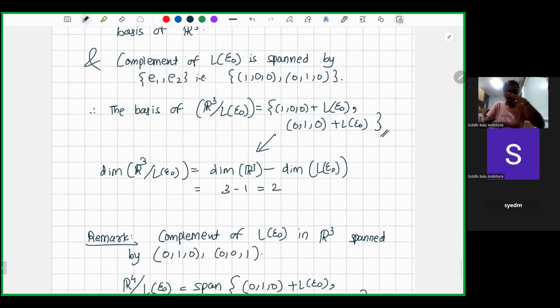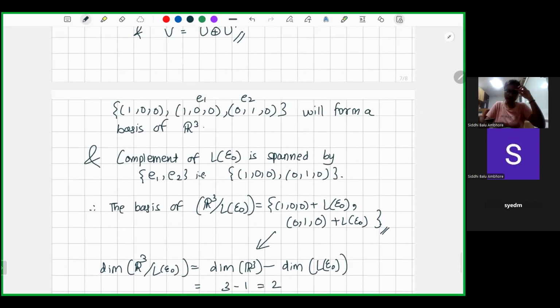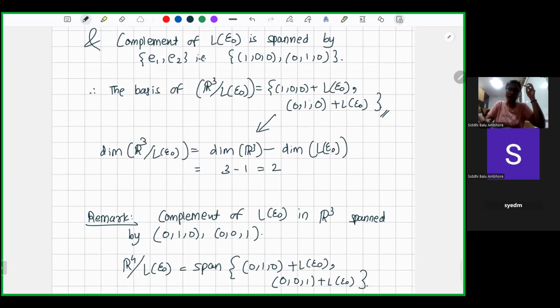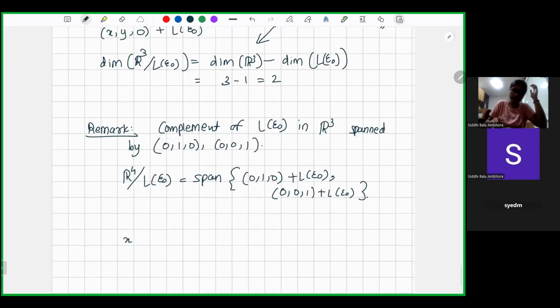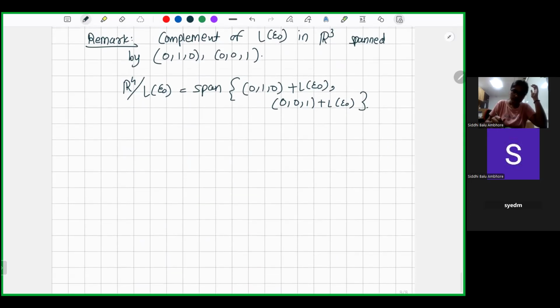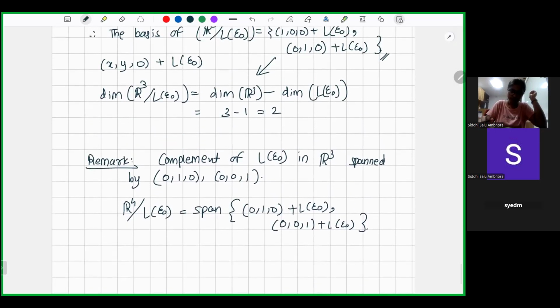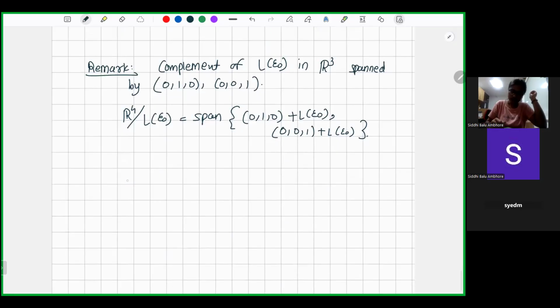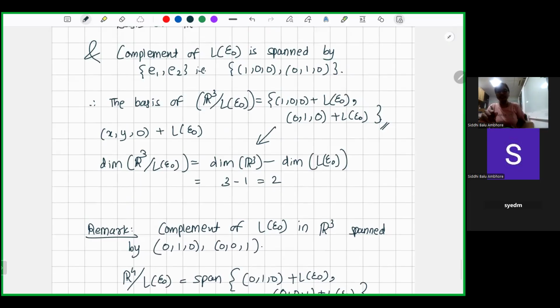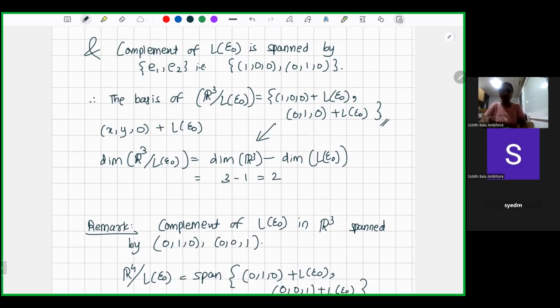Because here, if I take some element of this form, x, y, 0 plus L epsilon naught, what I'm trying to say is that taking these elements won't change anything.